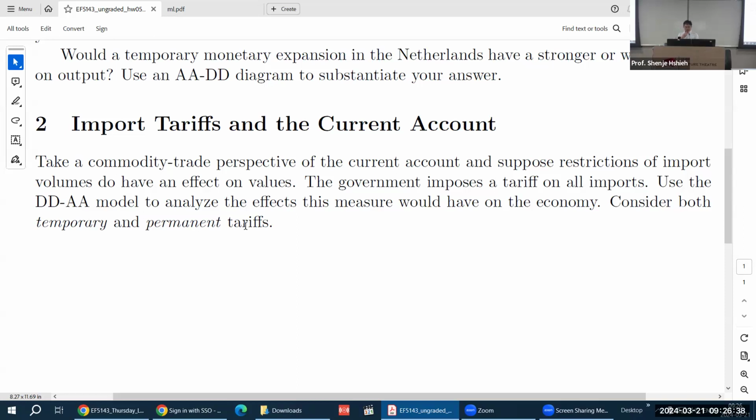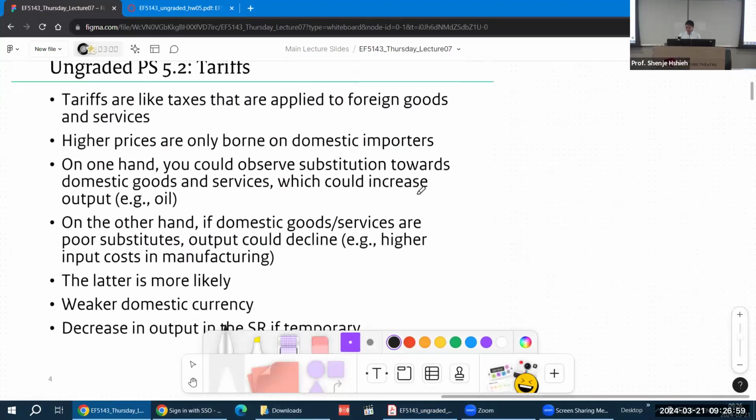Permanent versus temporary just means, as in our previous analysis of the tax cut, whether it is forever, or whether it is reversed before we get to the long run. There is an easy interpretation of what I just said: you just think of a tariff as a tax increase, right? If that's the case, then it's quite simple.